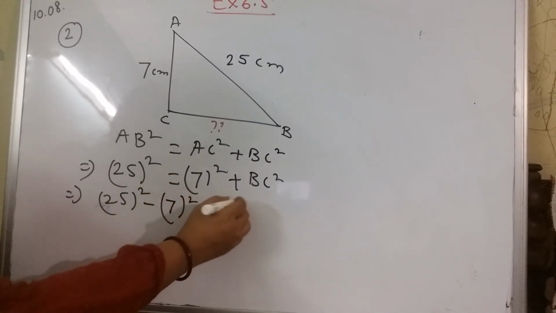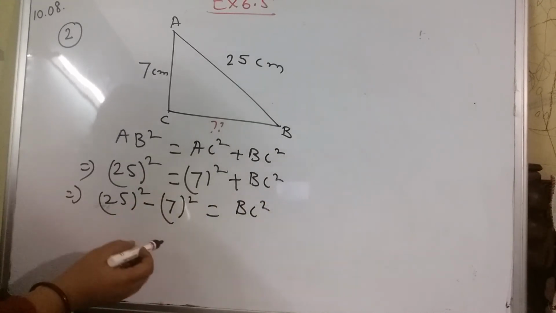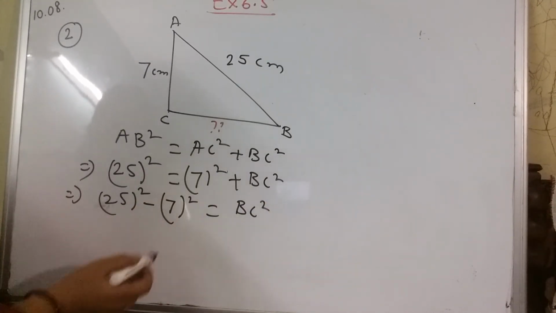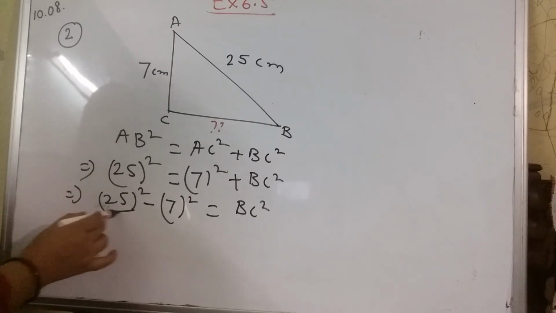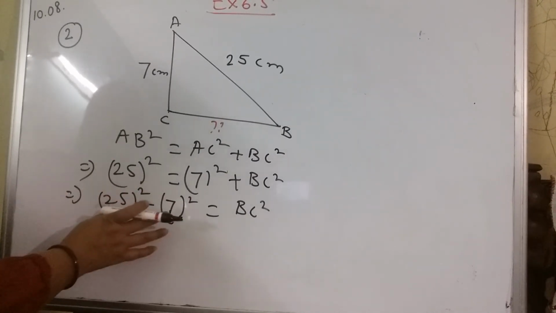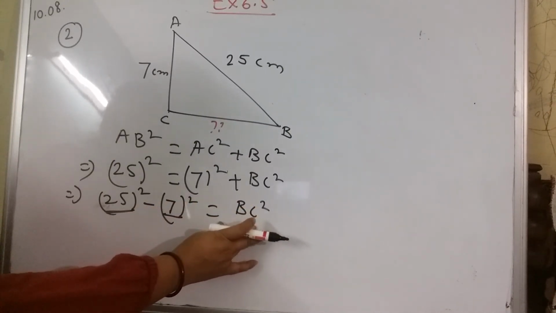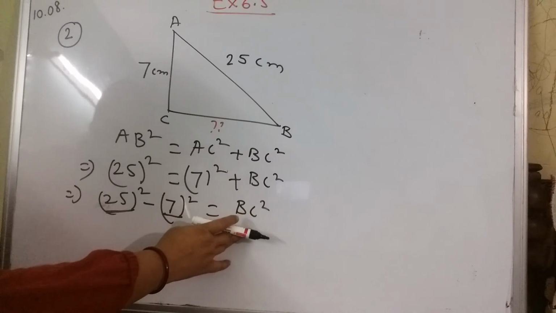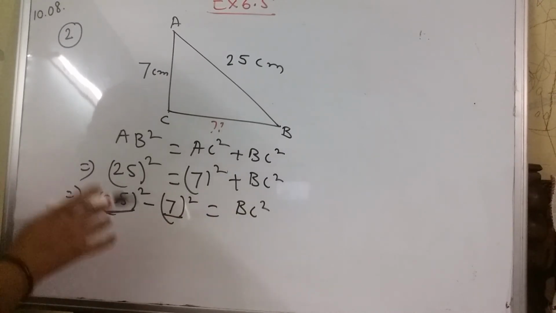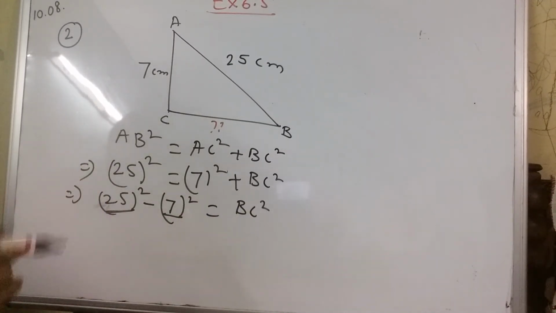Now that is equal to BC squared. So first you have to find out each square, then you subtract, and that will be equal to BC squared. Now for finding out BC, you have to find the square root of that number.